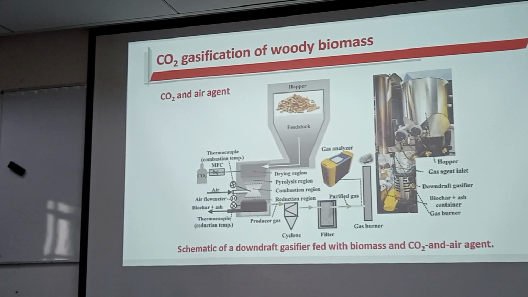It can analyze some major compositions in the producer gas in terms of carbon monoxide, hydrogen, methane, carbon dioxide, as well as others. It can be used on site. For our research, in our lab, we usually use gas chromatography to analyze the gas composition. So this is the whole system for the downdraft gasifier.